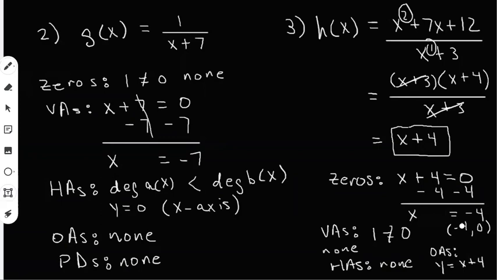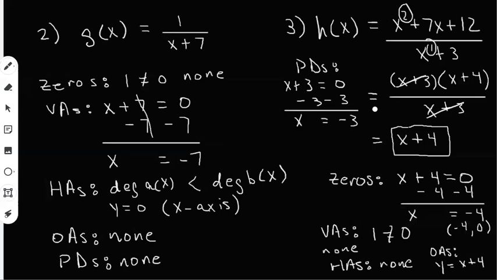Are there any point discontinuities? Yes. Remember how we canceled out the x plus 3? We're going to set that equal to 0 and solve for x. So I get x plus 3 is equal to 0. So I'm going to subtract 3 from both sides. And I get x is equal to 0 minus 3, which is negative 3.